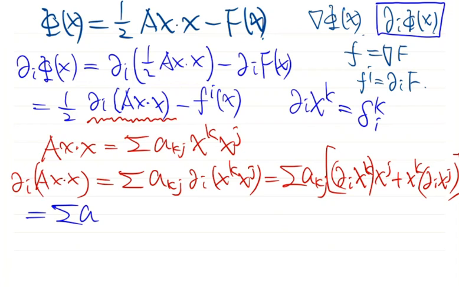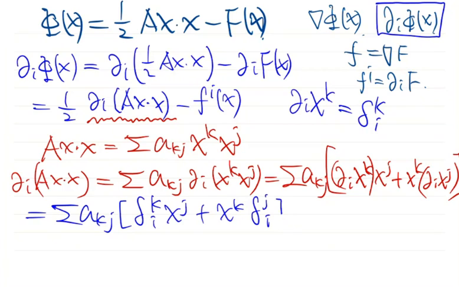So this is the sum of a_kj delta_ki x_j plus x_k delta_ij. Because of this delta, we consider the first term. Because of this delta_ik, in the a_kj term, only the term where k equals i can survive. Other terms are 0.